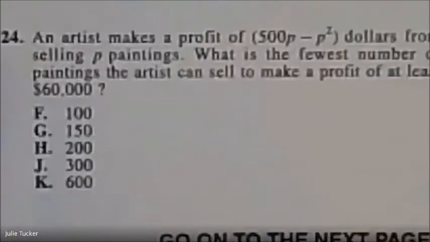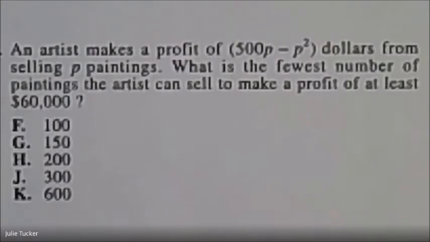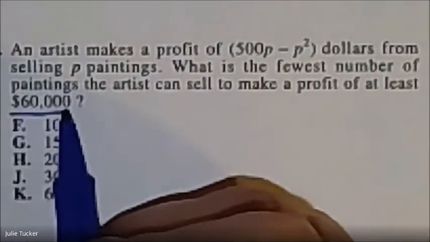Number 24. An artist makes a profit of 500p minus P squared dollars from selling P paintings. What is the fewest number of paintings the artist can sell to make a profit of at least $60,000? So let's start back from the beginning. We want a profit of 60,000.